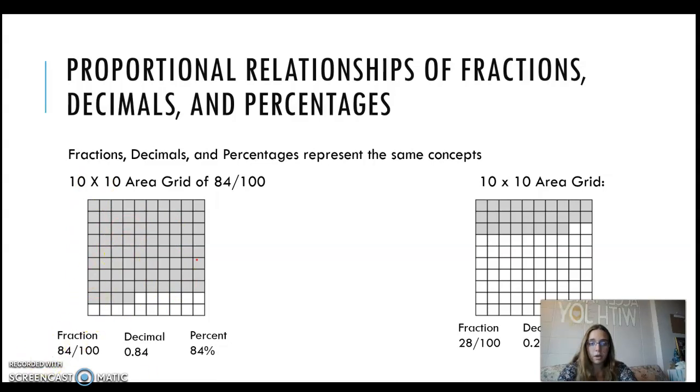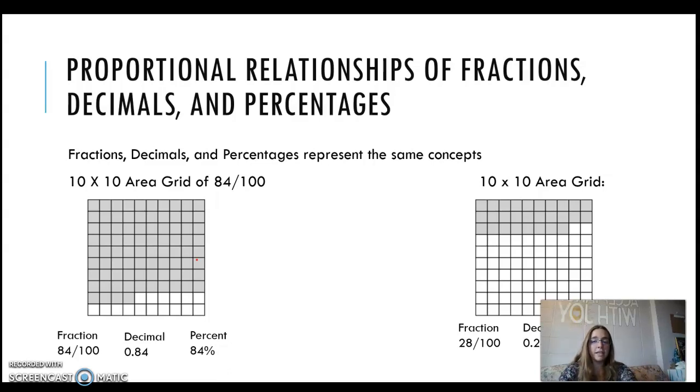With 84 of the squares filled in, that means it is out of 100. Being out of 100 automatically connects to percents, because percents are always out of 100. So the 100 in the denominator gives you the clue that it's connected to a percent. 84% is exactly the same as 84 over 100.